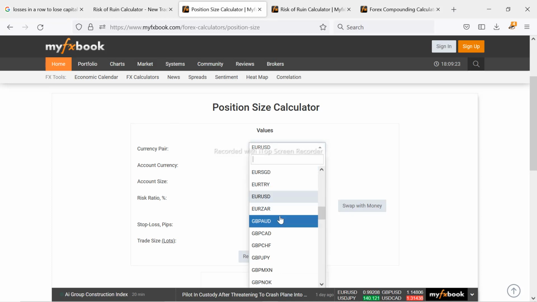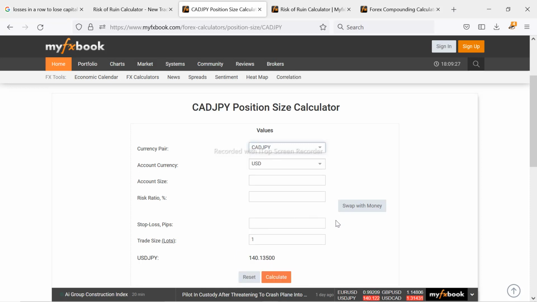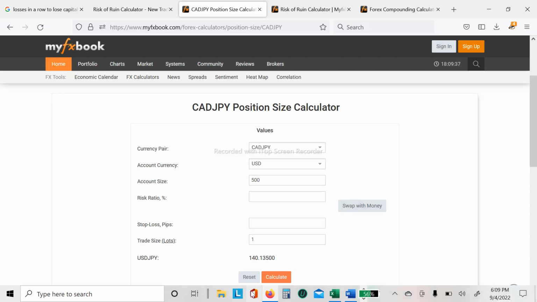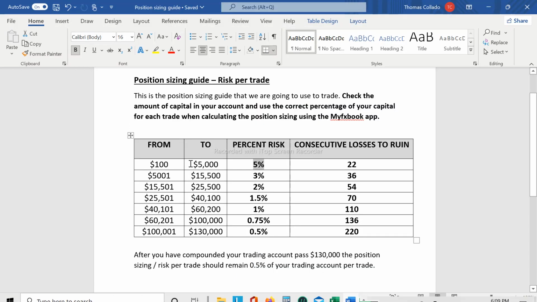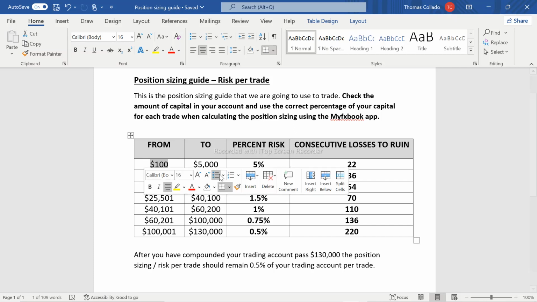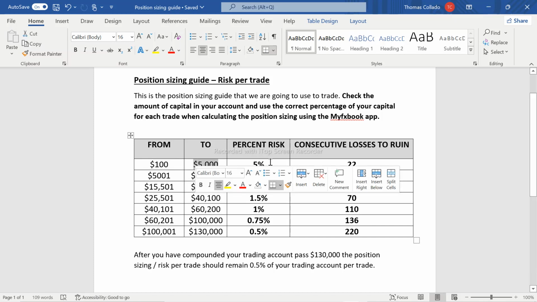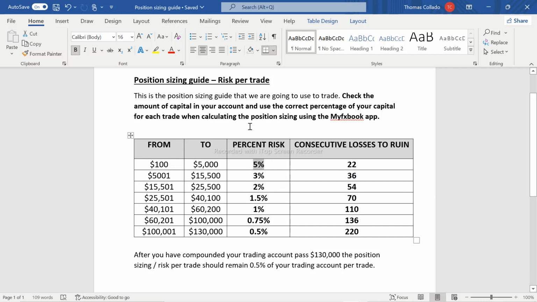Let's say the pair is CAD JPY. Your currency is always gonna be USD. The account size you have, let's say you have $500. So $500 falls between 100 and 5,000, so you should be risking 5%.